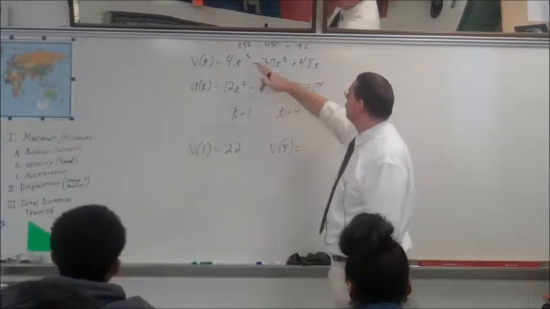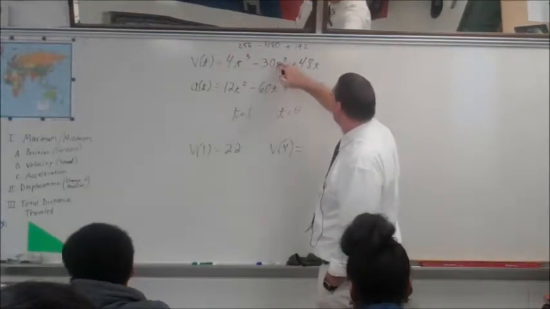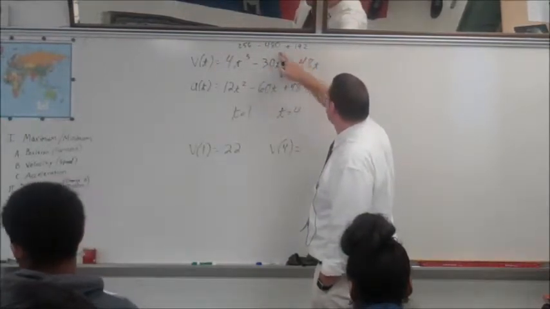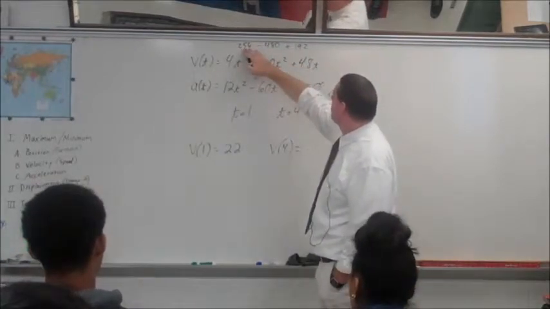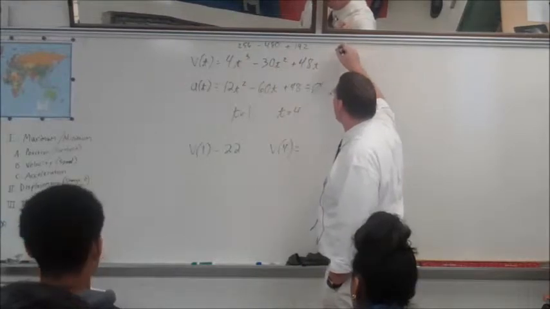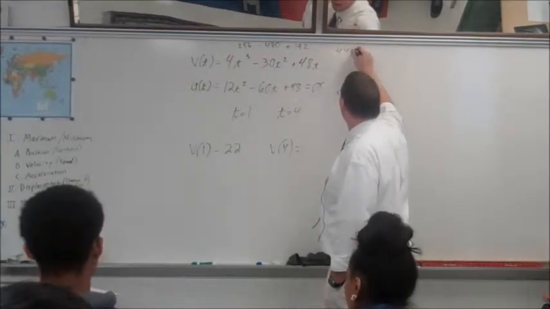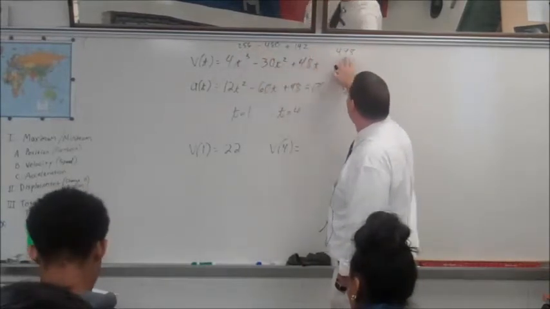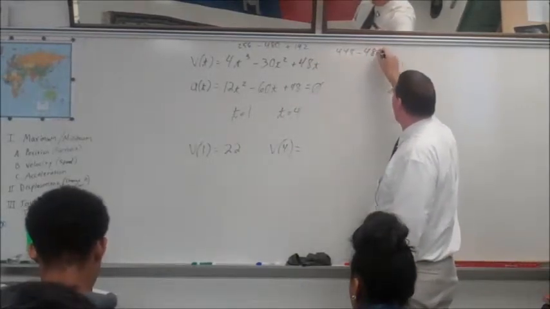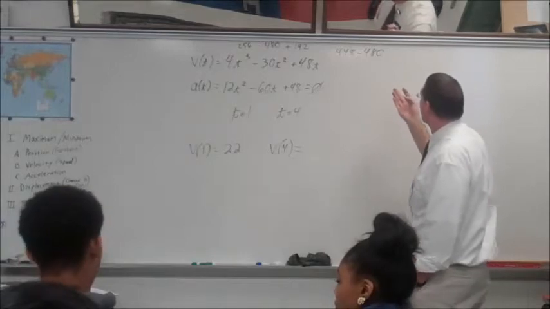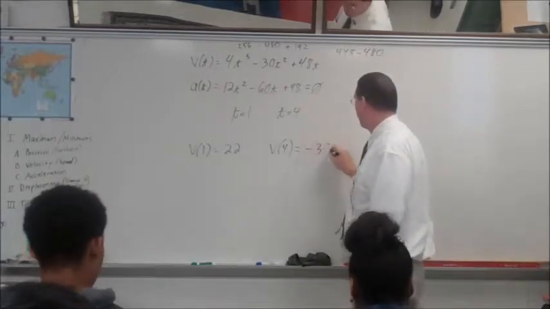All right, so 256 minus 480 plus 192. 256 and 192 is 448, I think. And then we subtract 480. So that's a difference of negative 32. There we go.